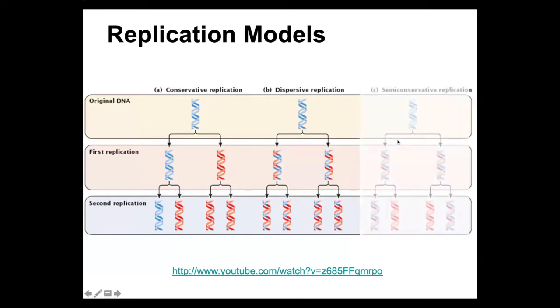So the final idea was what I showed you on the board. We call it semi-conservative. Kind of conserving. We take the two sides and separate them. So one strand is over here, and the other strand is over here. So we conserved or saved the original individual strands without breaking the nucleotides apart.